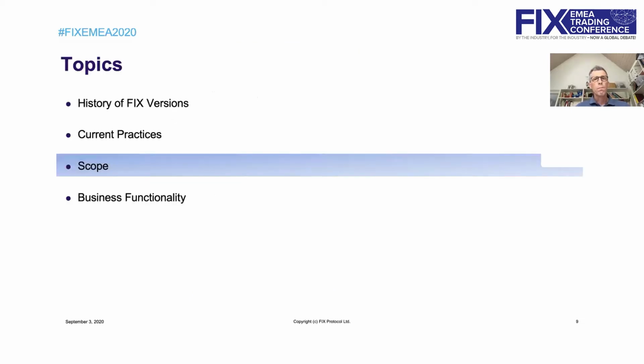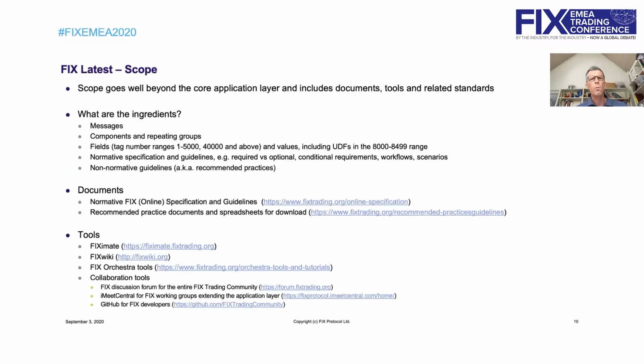Moving on to scope, meaning what is FIXlatest made up of? So the scope goes beyond just the core application layer as we define it. So we want to see FIXlatest also express documents, tools, related standards, all the ingredients that you need for your interface to implement it, to test it, to exchange with your counterparties the information that's needed.